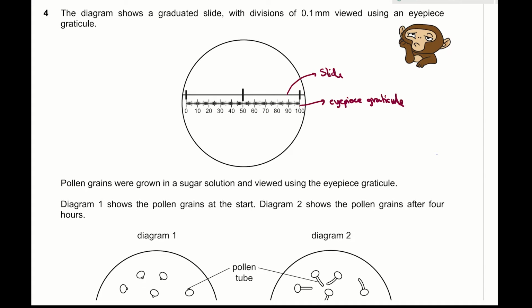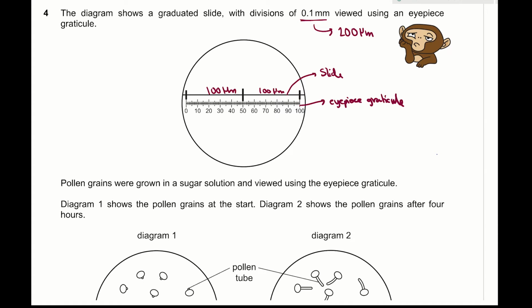Very important to be able to distinguish them in a past paper question. Now here it says that the divisions of the slide is going to be 0.1 millimeters. Now we're trying to convert it to micrometers. We do this by multiplying it by 1,000. This gives us 100 micrometers. So each division gives us 100 micrometers on the slide.